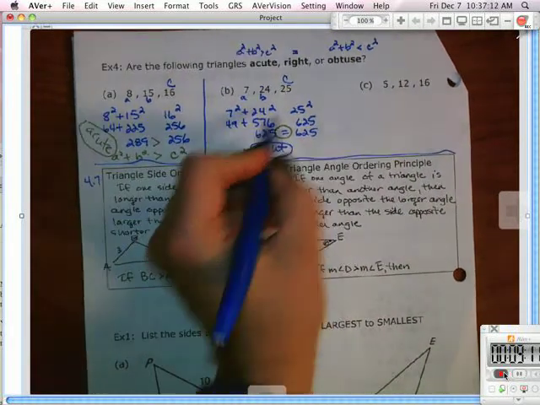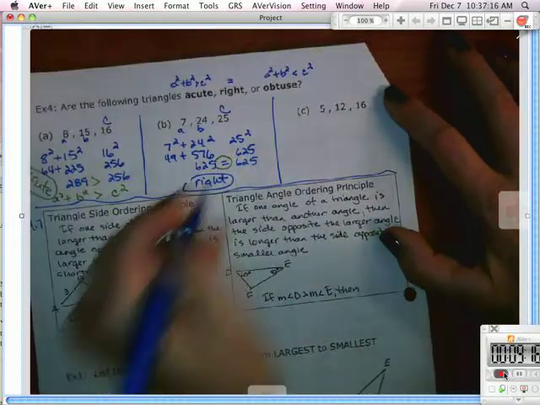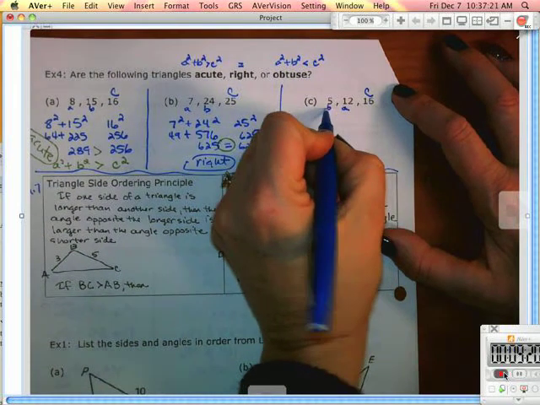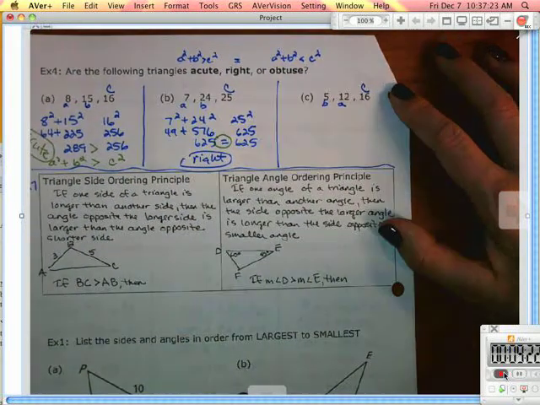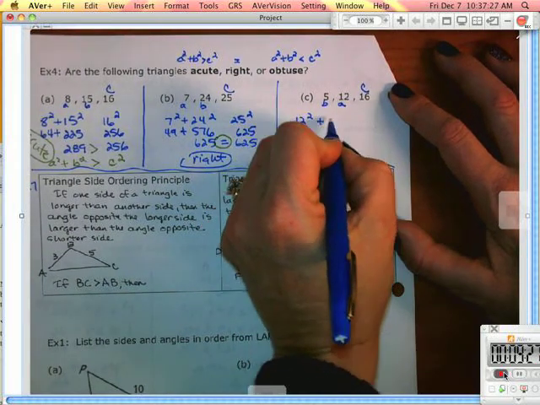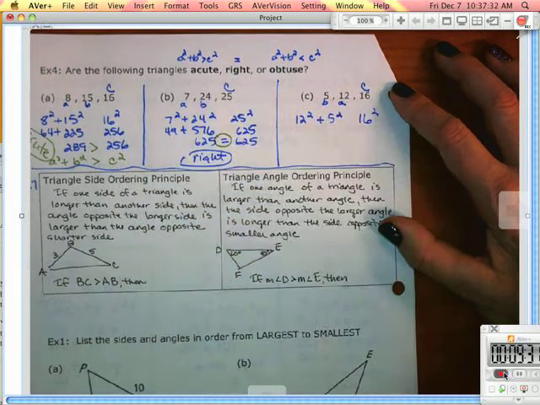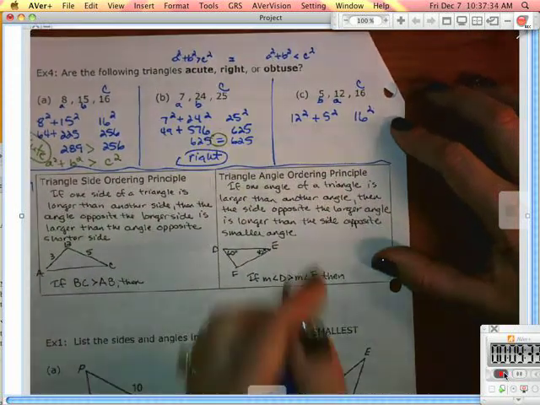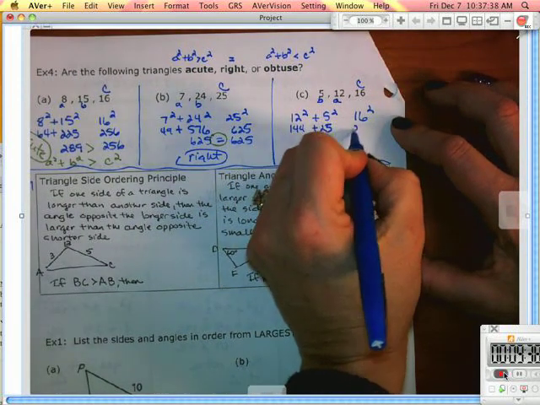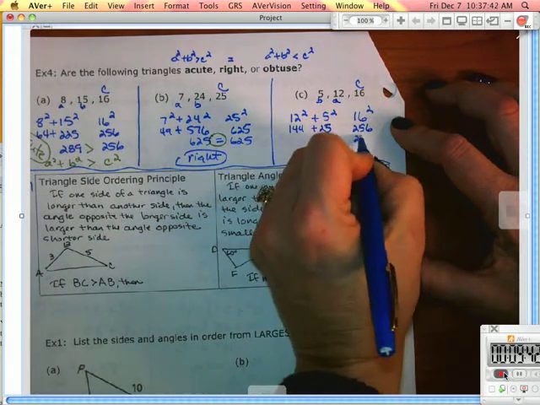Bet you can guess what the last one's going to be. Right. Let's try it. This is C. Let's just for the heck of it make that A and that B. Doesn't really matter. So I start with a squared, which is 12 squared, plus b squared, leave a space, 16 squared. 144 plus 256, 169, 256.